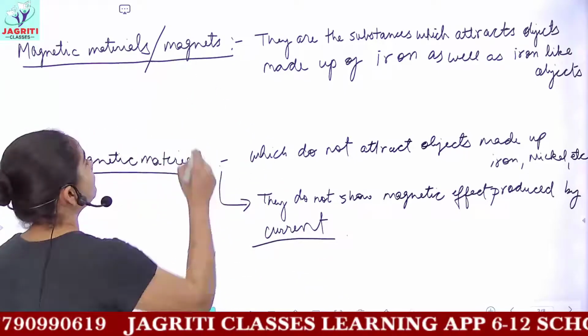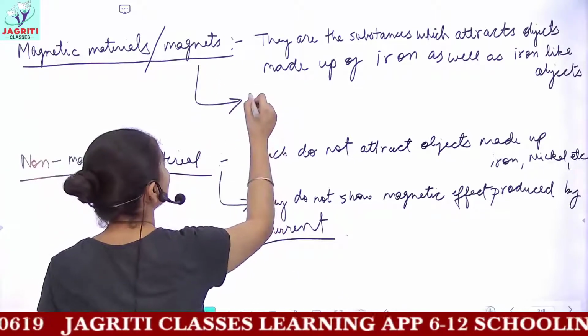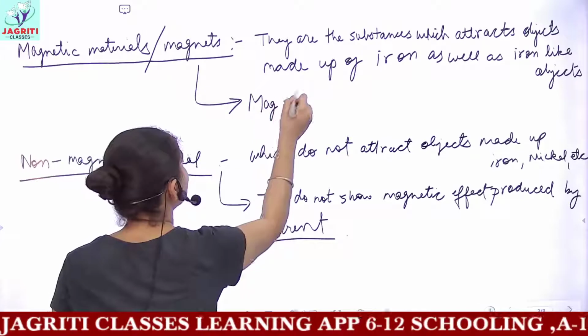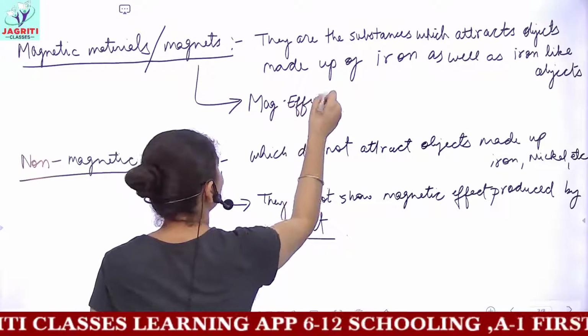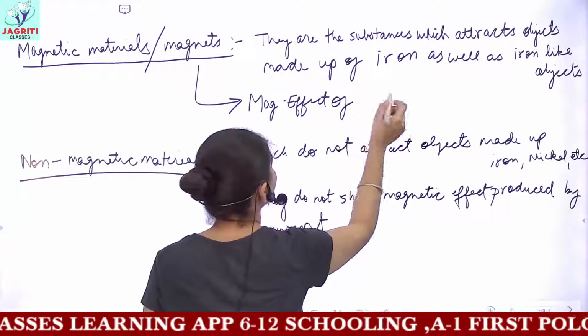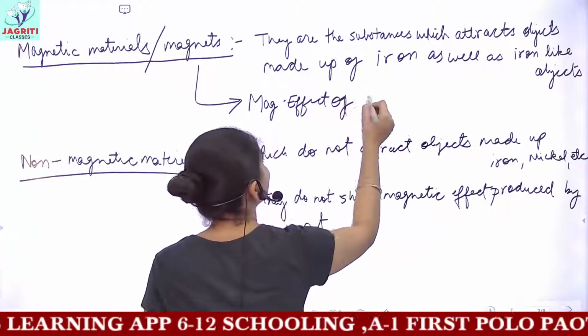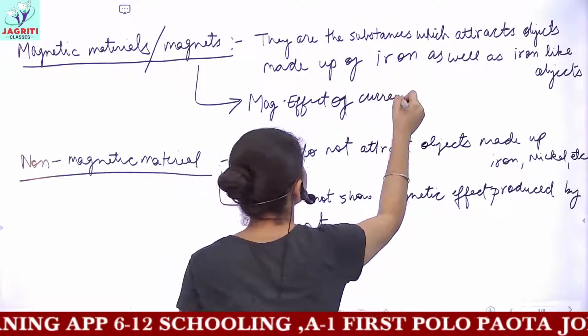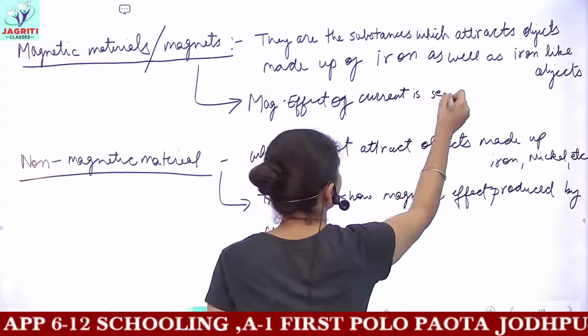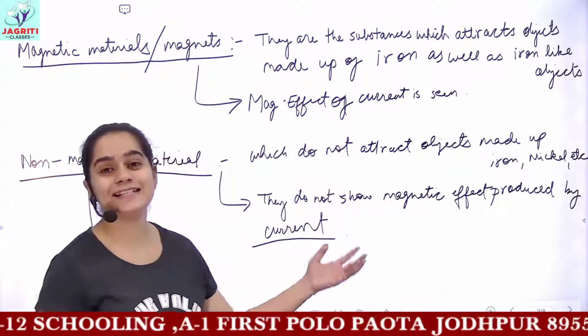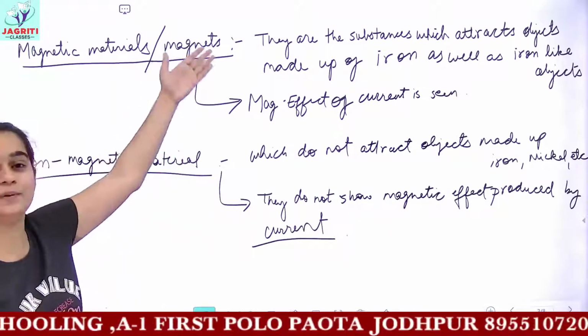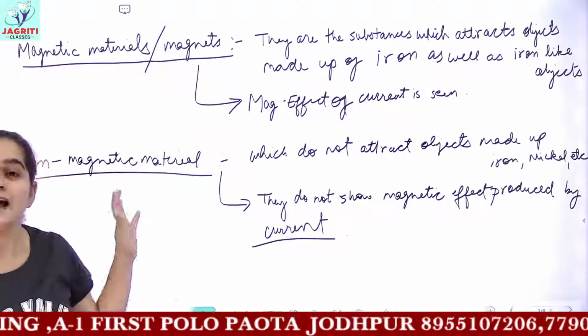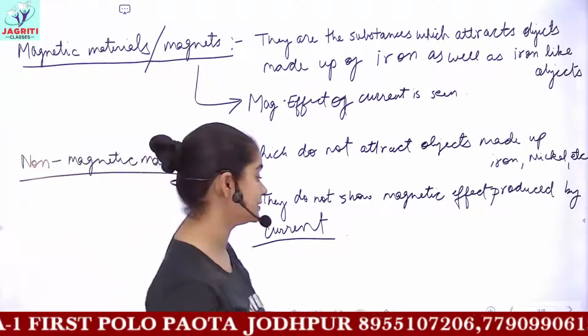Whereas magnetic materials or magnets show magnetic effects when current is passed through them. Okay, so this is the basic difference: how can you define a magnet or magnetic materials, and what are non-magnetic materials?